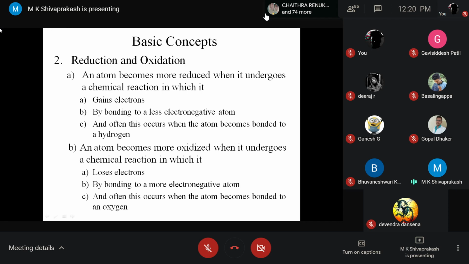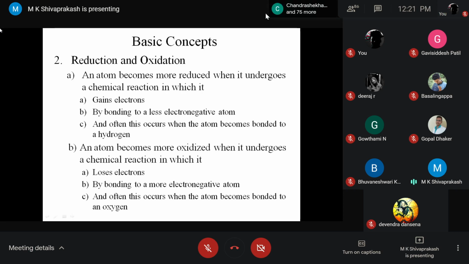So an atom becomes more reduced when it undergoes a chemical reaction in which it gains electrons, or secondly, by bonding to a less electronegative atom, and thirdly, when the atom becomes bonded to a hydrogen molecule. All this you have learnt in chemistry.